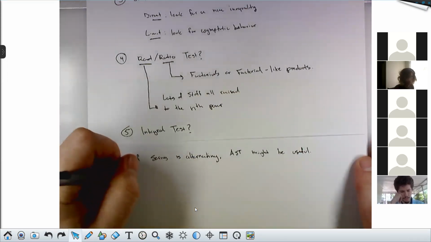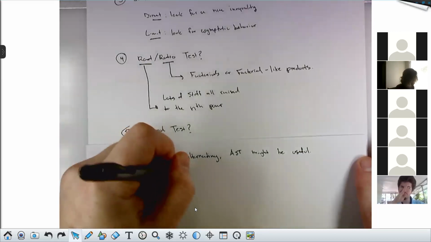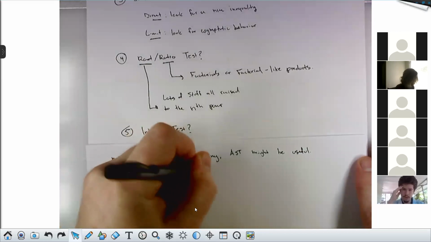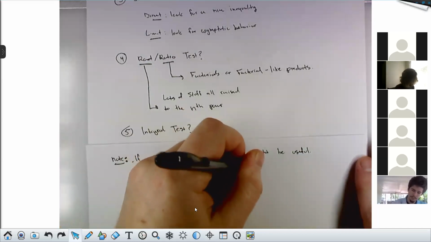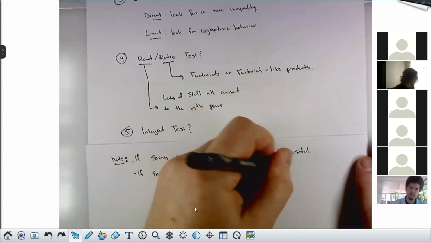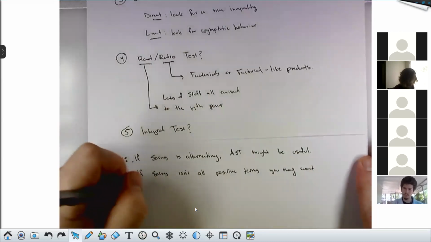And if the series isn't all positive terms, you may want to look for absolute convergence.